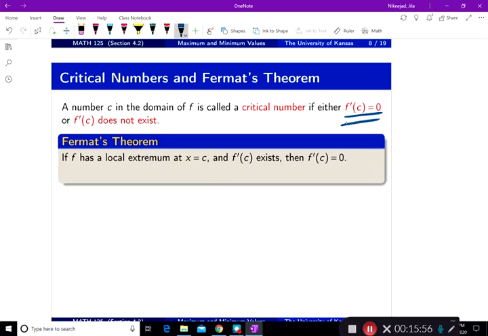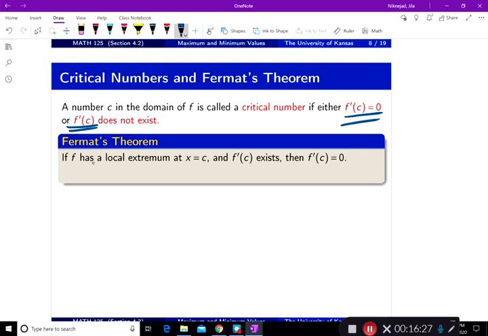One is f prime can be 0 or f prime does not exist at c. Fermat's theorem says if f has a local extremum at x equal to c and f prime of c exists, then f prime of c equal to 0. So this is how it's worded, remember this part.